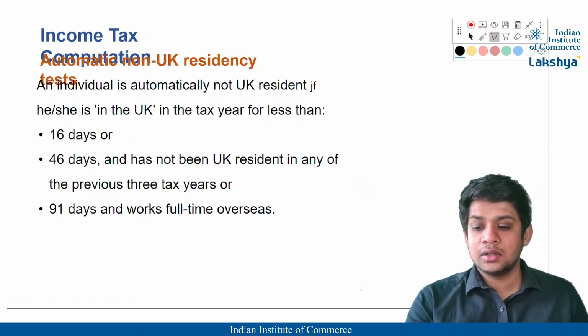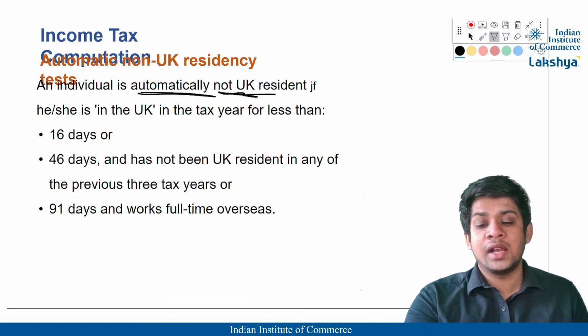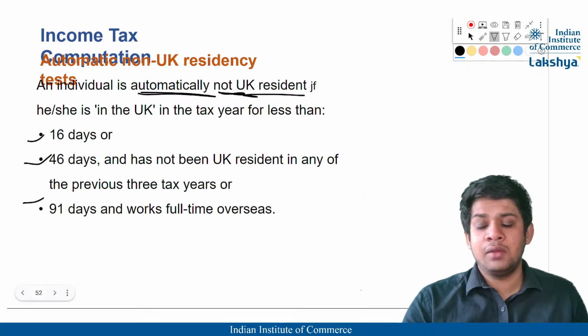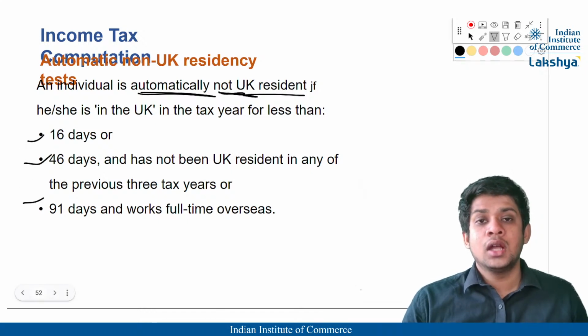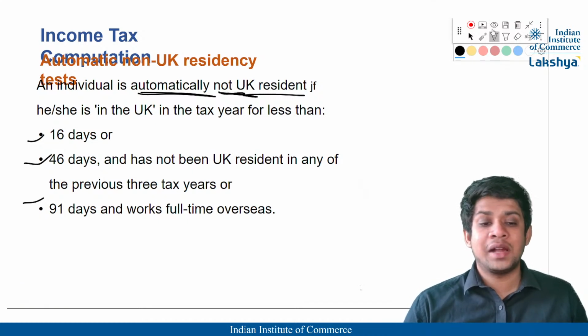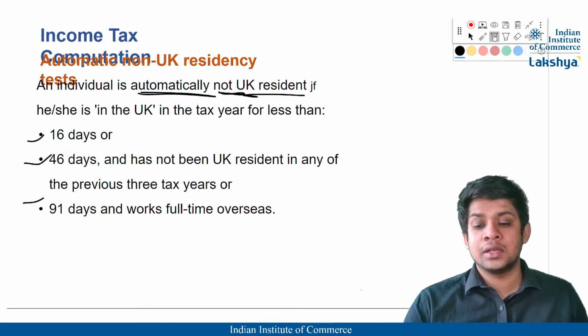Okay, let us see firstly the automatically non-UK resident. Okay, so if any one of these conditions is met, the person will directly be considered as a non-UK resident. Okay, the person will automatically be considered as a non-UK resident.